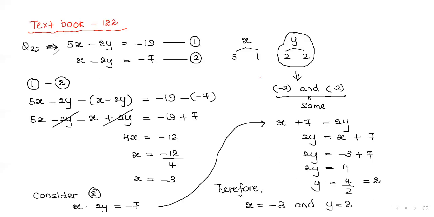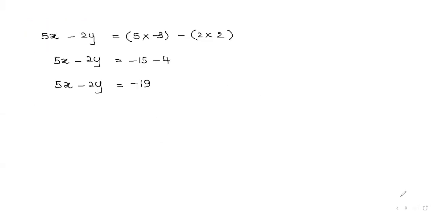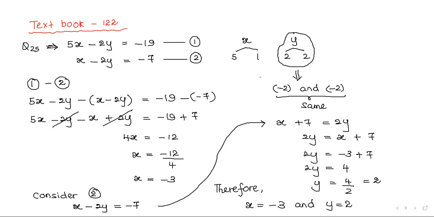We see that yes, 5x minus 2y is equal to negative 19. Here I got 5x minus 2y is equal to negative 19. That means I get the same equation which they have given in the question. That means the calculated x value and y value are correct. That is how you confirm whether you have calculated the x value and the y value correctly.